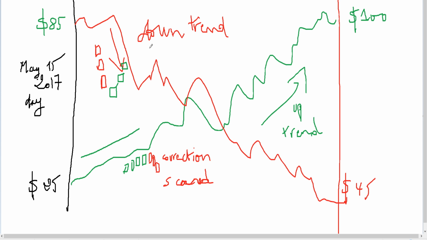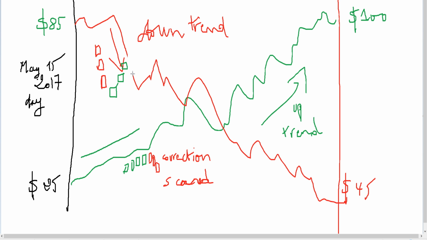Now, in a downtrend, sometimes we have what we call a gap down. You find a lot of gap downs here, most of the time, not all of the time.